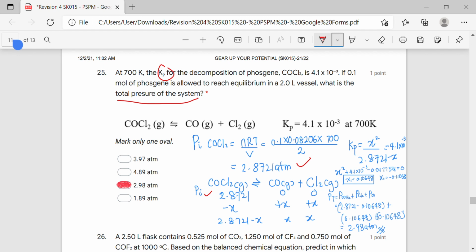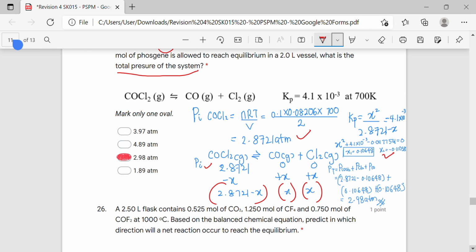This is the expression for Kp: x square over 2.8721 minus x equals 4.1 exponent -3. Find the value of x, and we take the positive one, 0.10648. Substitute into the equilibrium pressure for all three gases. Total everything and we get P total 2.98.